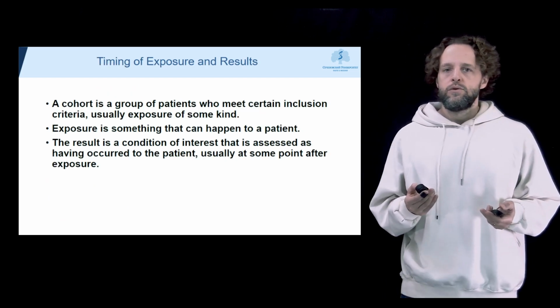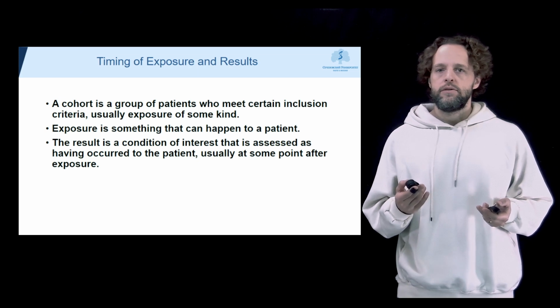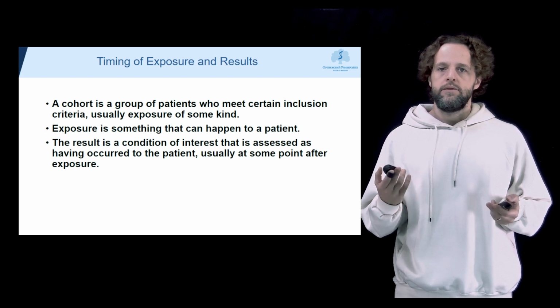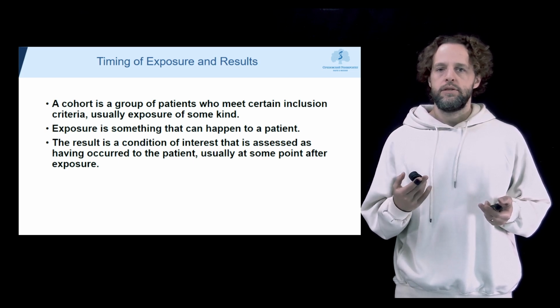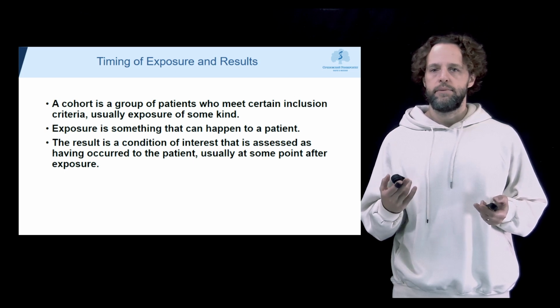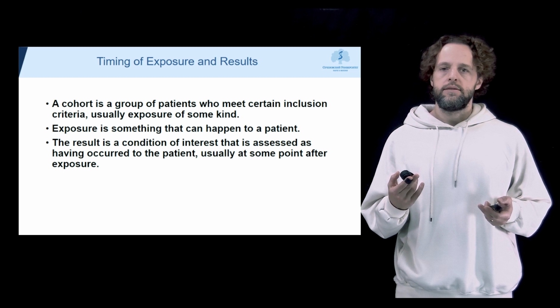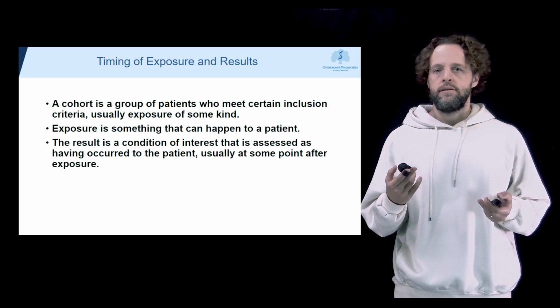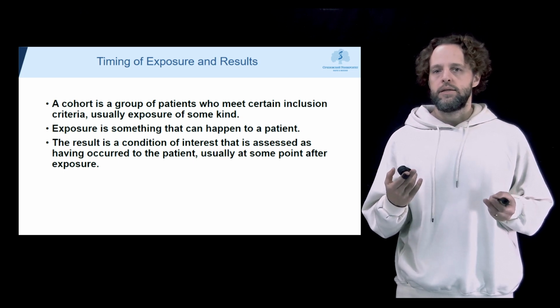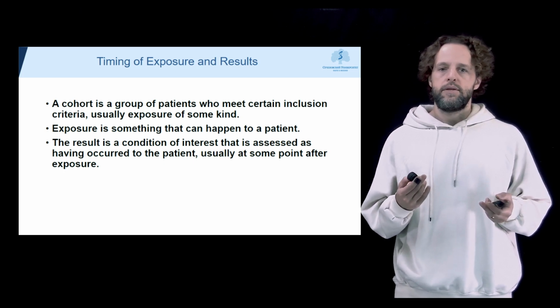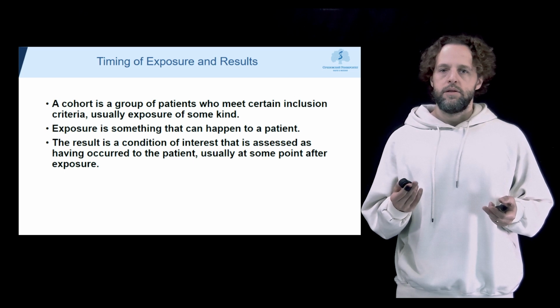A cohort is a group of patients who meet certain inclusion criteria, usually exposed to some kind of situation. Exposure is something that can happen to a patient. The outcome is a condition of interest that is assessed as having occurred to the patient, usually at some point in time after exposure.